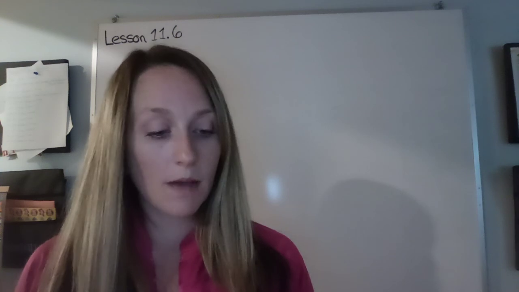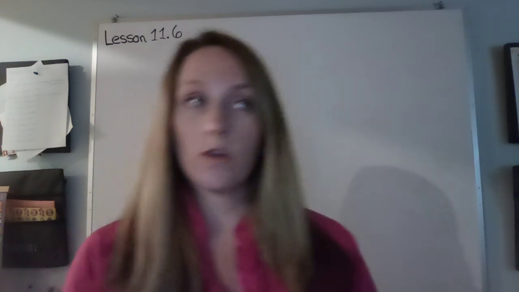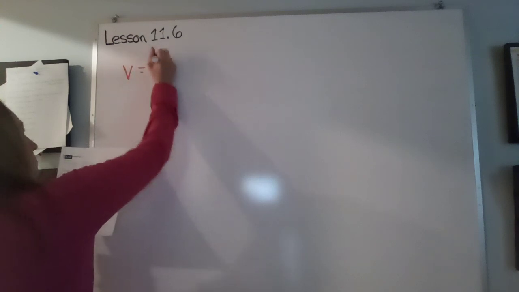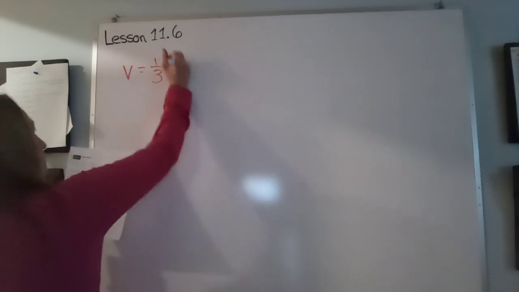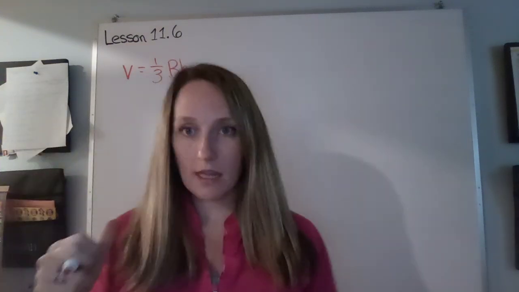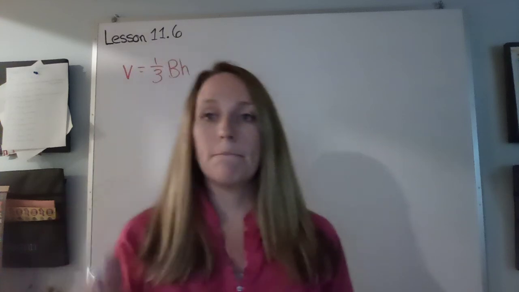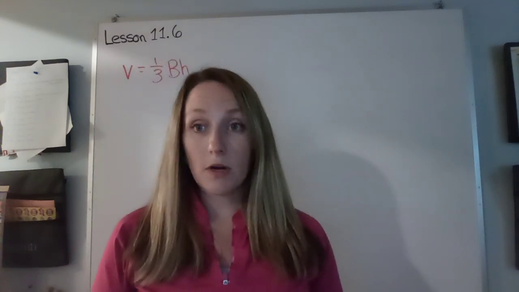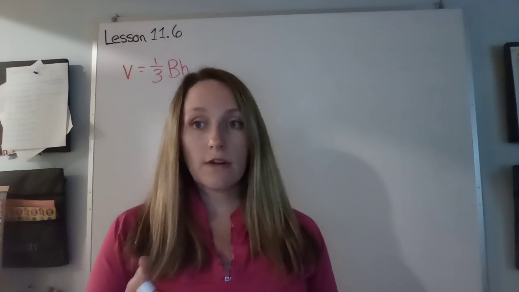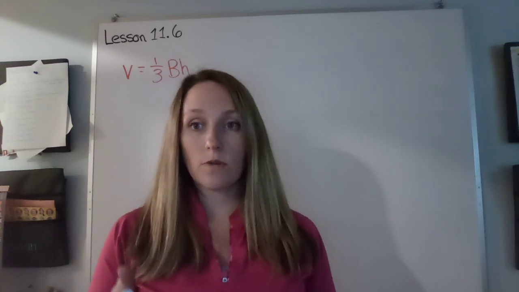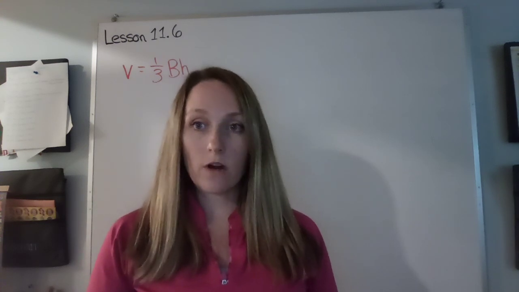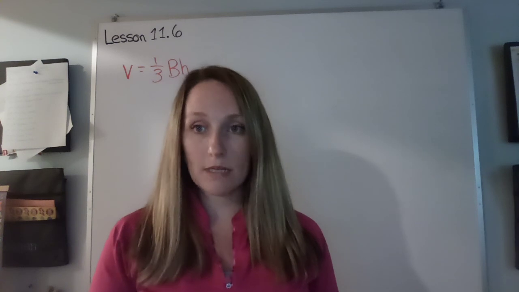Our formula for the volume of a pyramid is V equals 1/3 times B times H. B and H mean the exact same thing in this lesson as they did in the last. B is the area of the base. Remember, the base can be all different shapes. If your base is a triangle, the area is 1/2 base times height. If the base is a four-sided figure, like a square or rectangle, you do length times width or base times height.